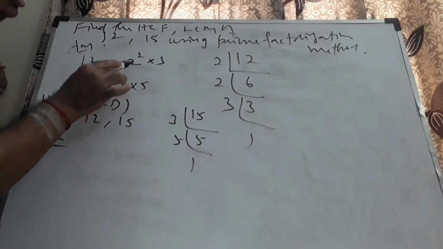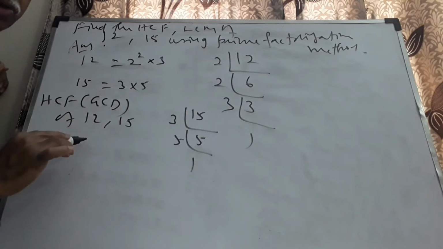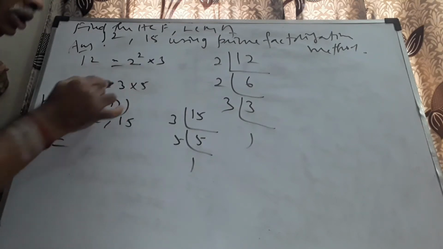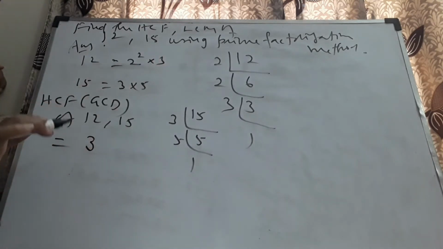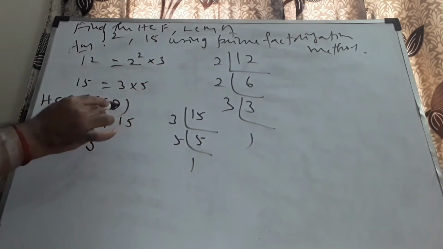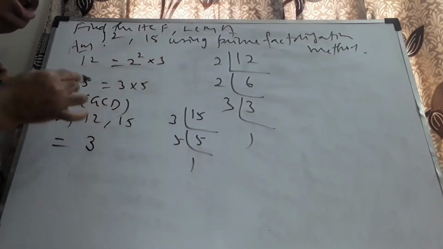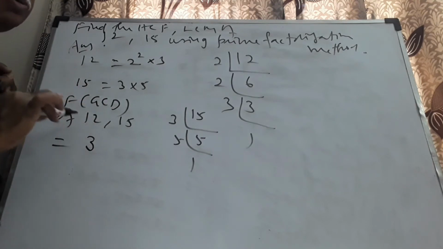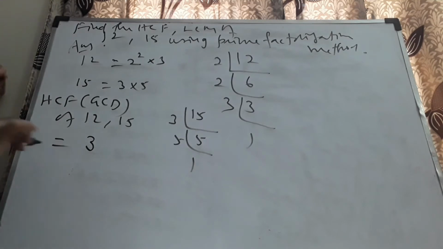Lower power I will take. Here the power is 2 power 0, here it is 2 square. Therefore, I will not take 2; 2 power 0 is anyway 1. For 3 and 3, there is a common power, 3. Then 5 and 5 power 0. I won't take 5 power 0. I repeat, out of the common factors, I will write the factor having lower powers or least powers. The product of such answers will be your HCF.